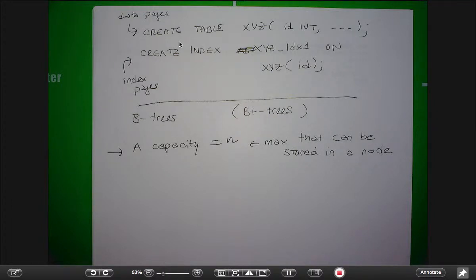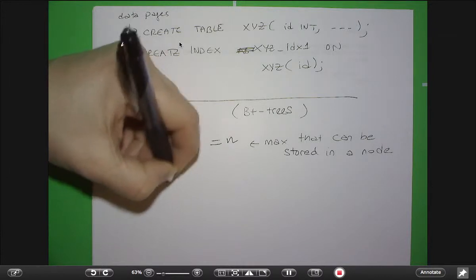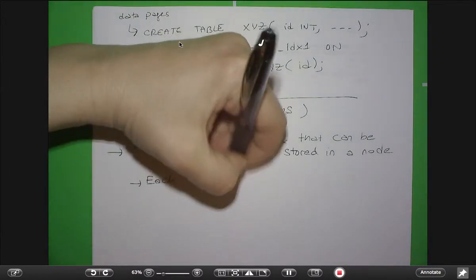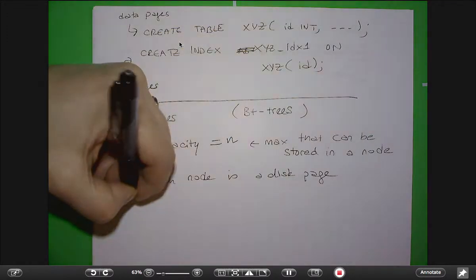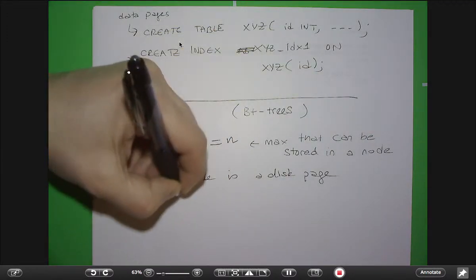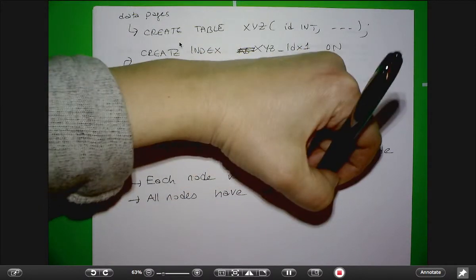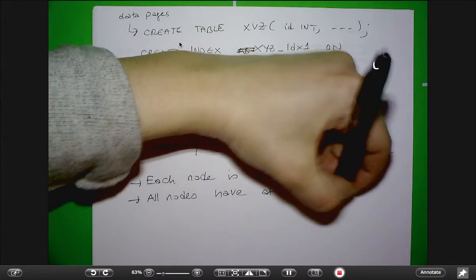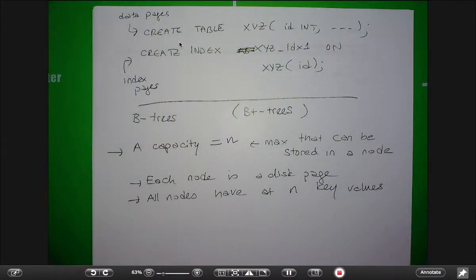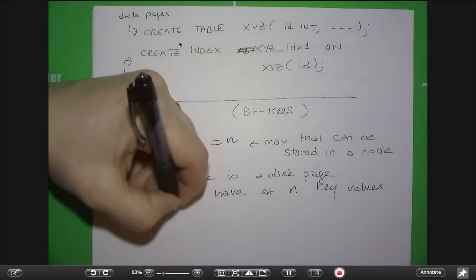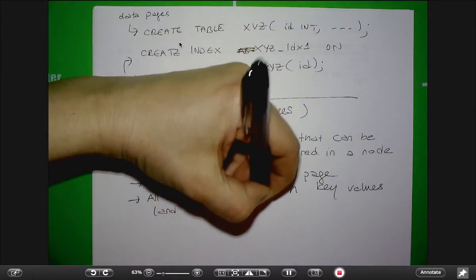So each node is a disk page, and all nodes have at most n key values and n plus 1 pointers.